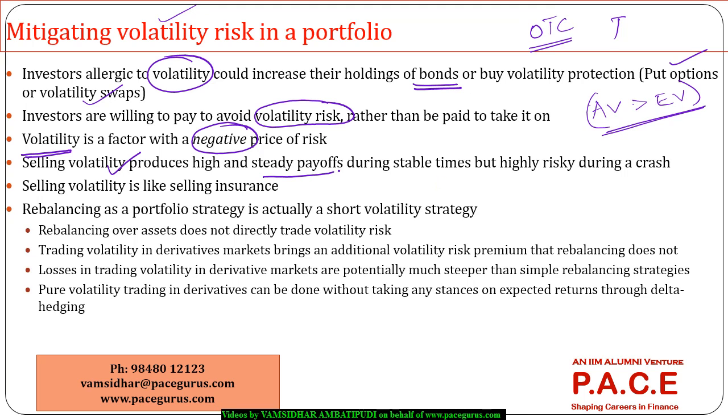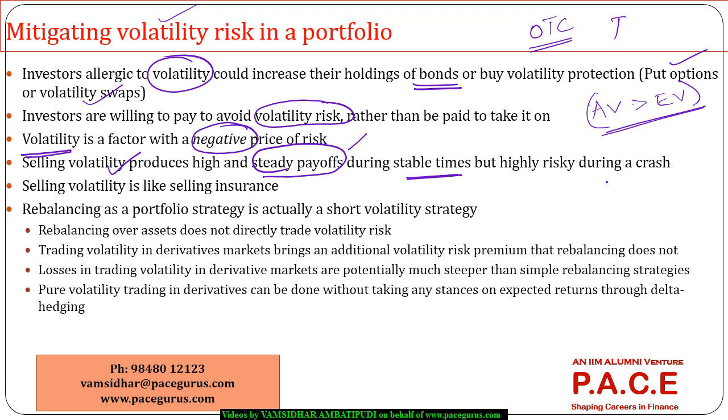That's the reason, as a seller of volatility in any volatility swap or other volatility-based instrument, I'll be making more and more profits when the economy is stable, when the volatility is much lesser.